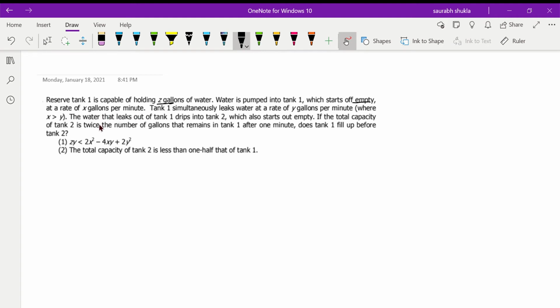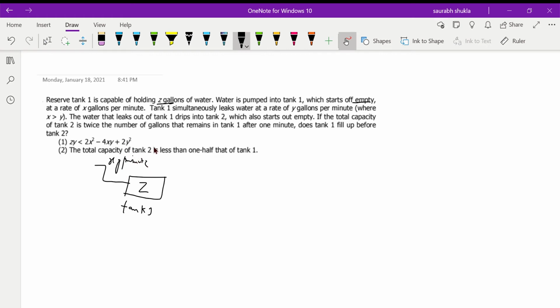Let me make a figure so that it becomes easier to understand. Its capacity is Z, it started off empty, and this is your tank 1. The water is being filled at the rate of X gallons per minute.